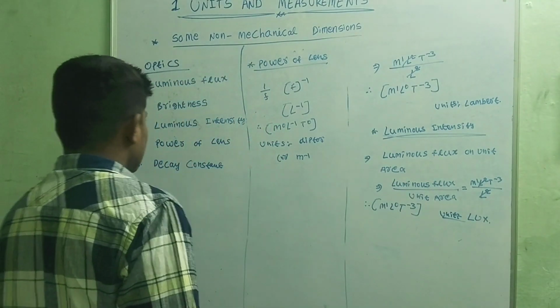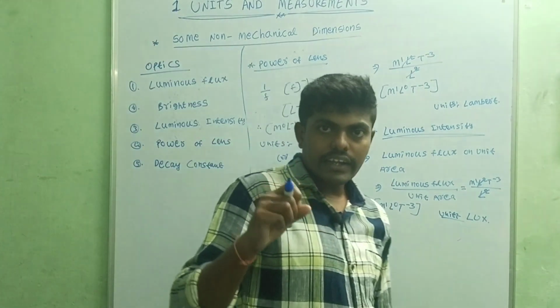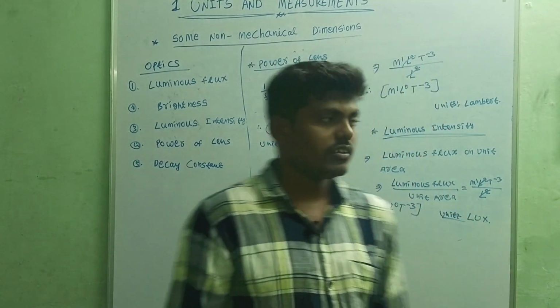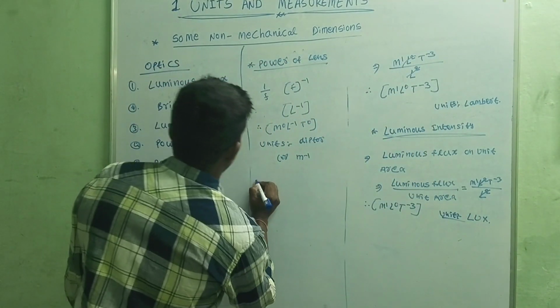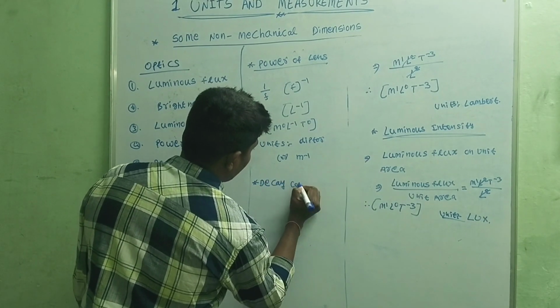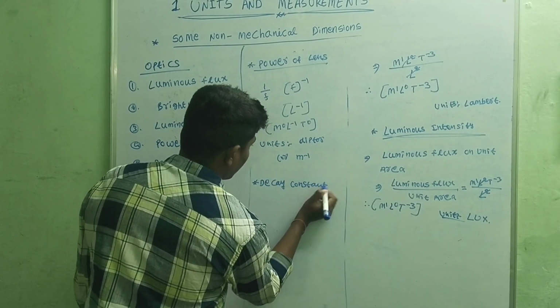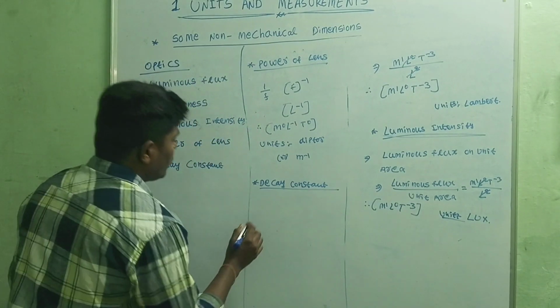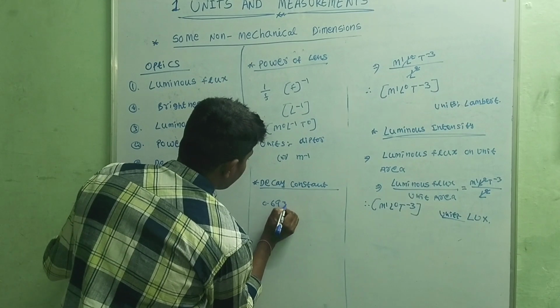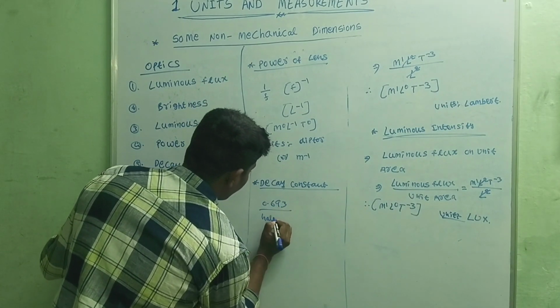Next we want to write about the dimensions of decay constant. Already we know the decay constant is 0.693 by half-life.